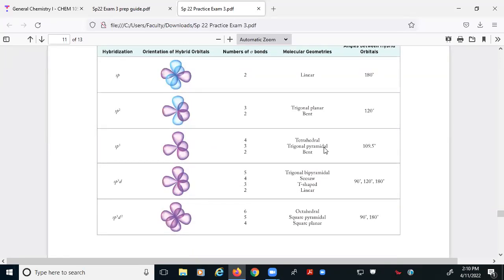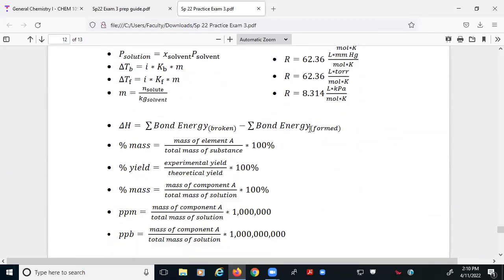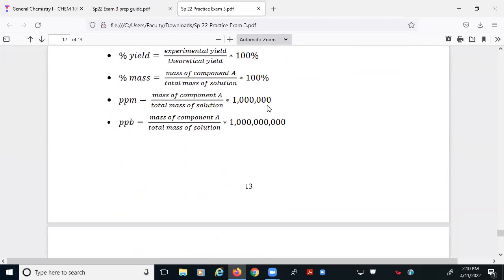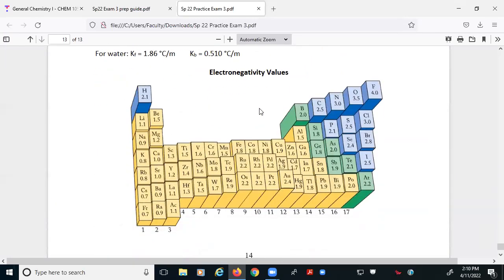That all will be given to you along with the periodic table and our normal equation sheet. The only thing that is listed here that is not given to you is this table of electronegativity values. And that's mainly because you're just not going to need to know them that deeply.